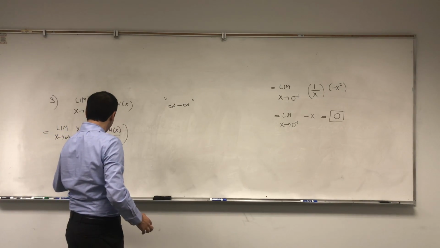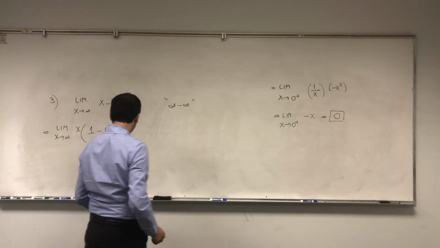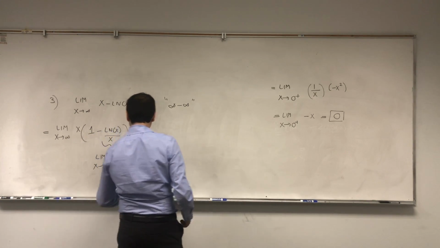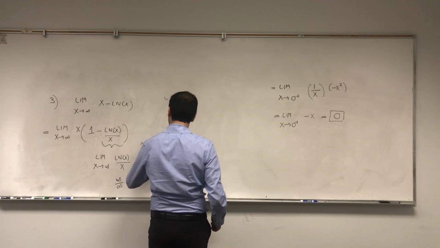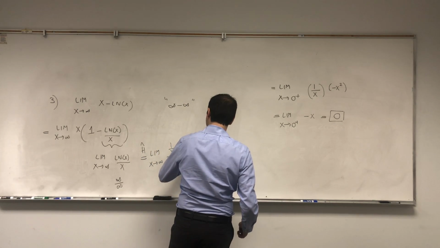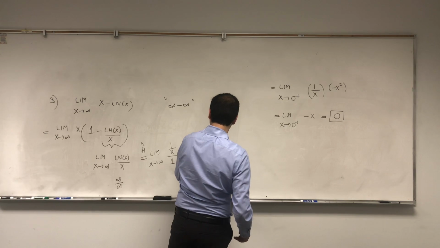So limit as x goes to infinity of ln of x over x. Well, notice, this is of the form infinity over infinity. So you can just use L'Hopital's rule, and you get limit as x goes to infinity of 1 over x over 1, and that's limit as x goes to infinity of 1 over x, and that's 0.